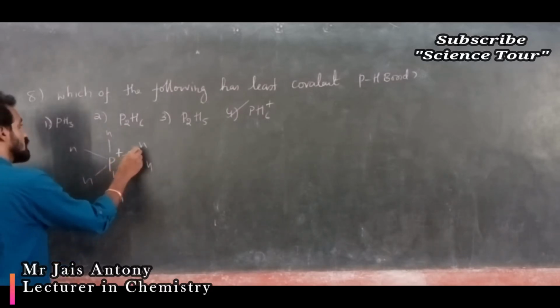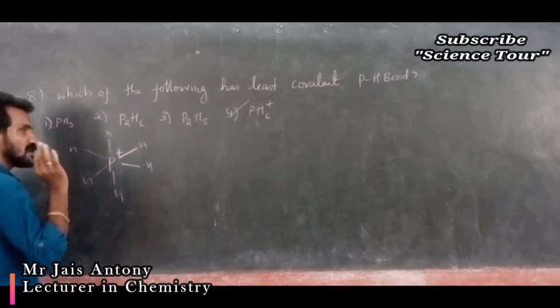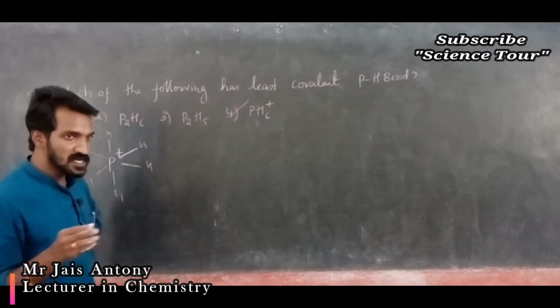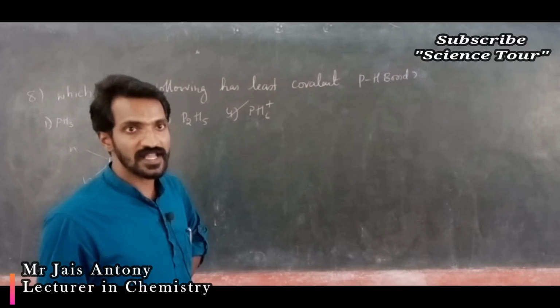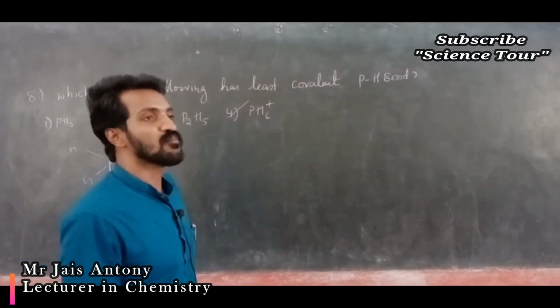All the hydrogen electrons get attracted towards which side? The phosphorus side, because there is a vacancy. So automatically these electrons move towards phosphorus.